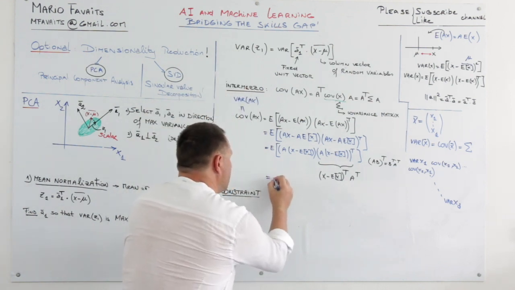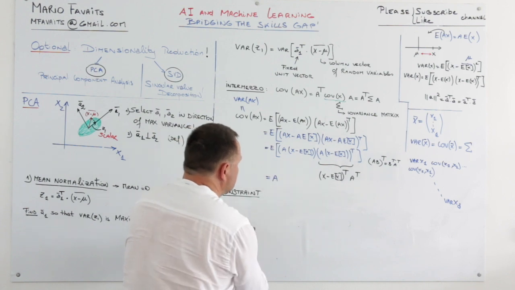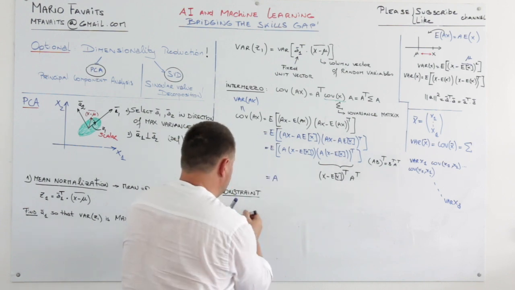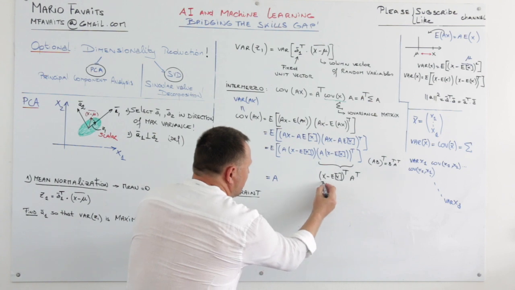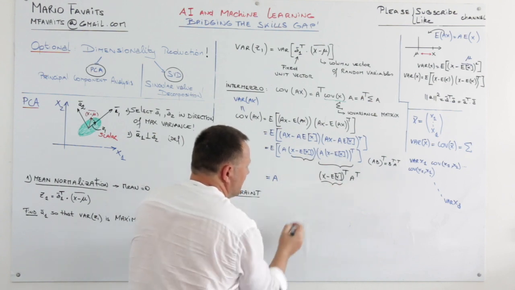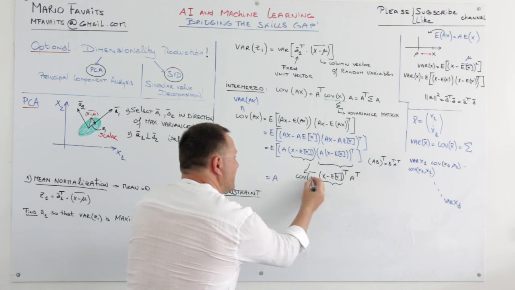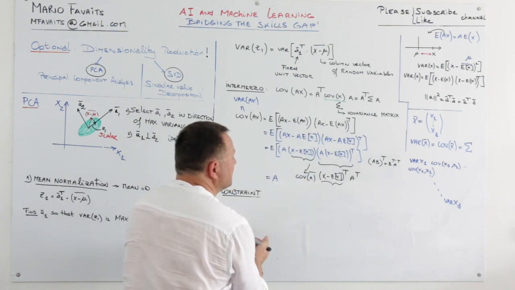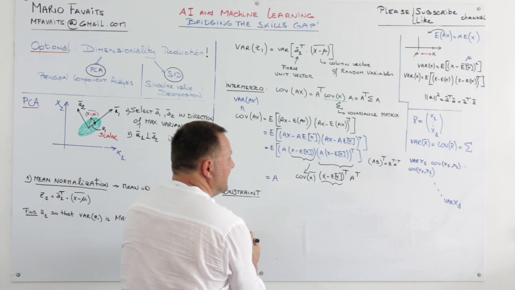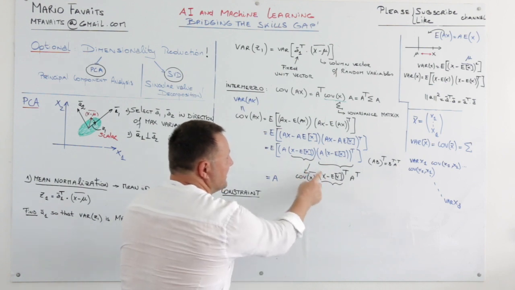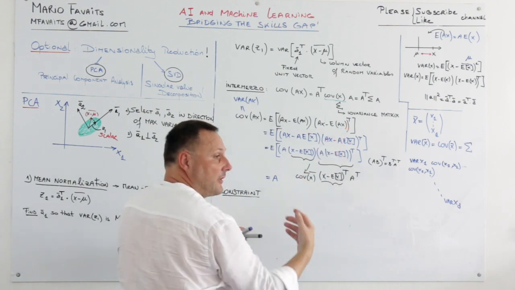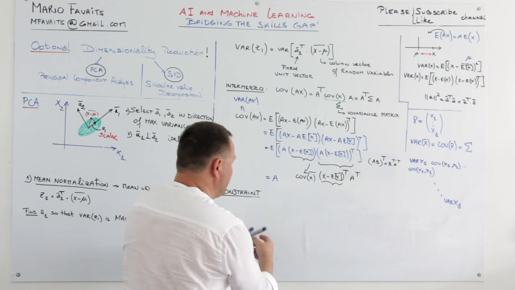So in the end we have A, this A goes outside, but if you look at this one now, together with this one, this is nothing more than the covariance of X. This is exactly the definition of the variance, and in our case, because we deal with vectors, it's the covariance.